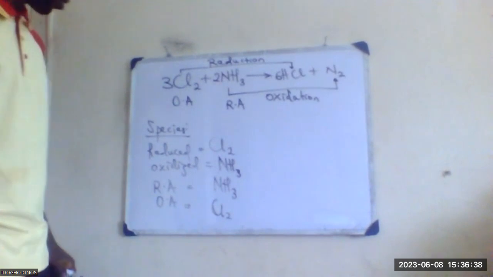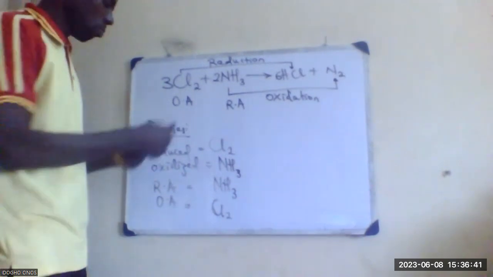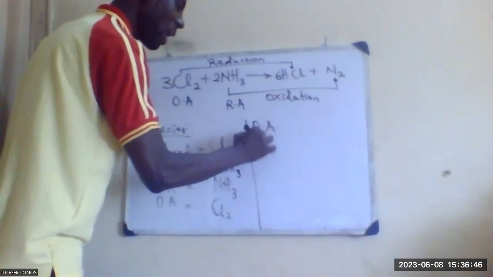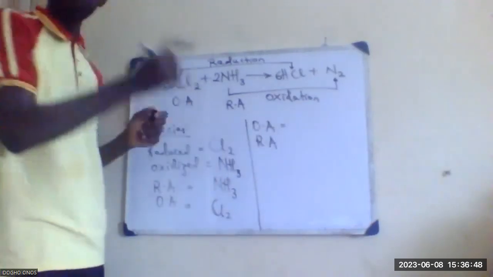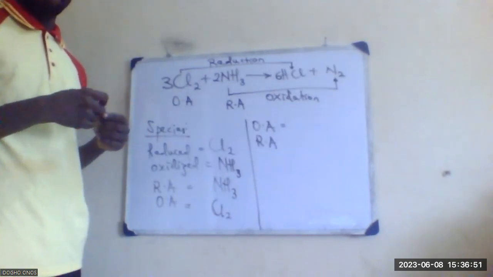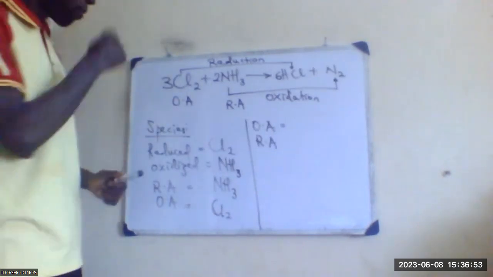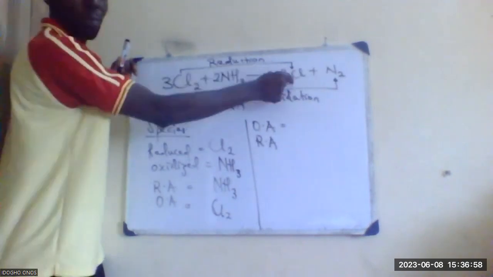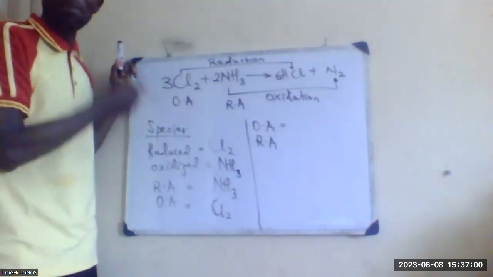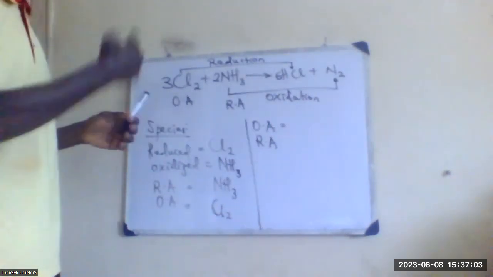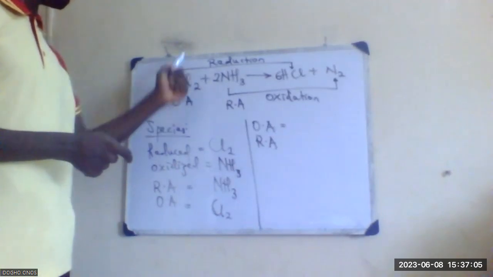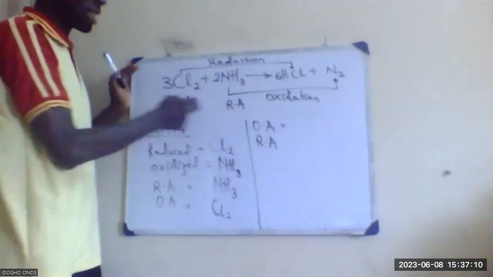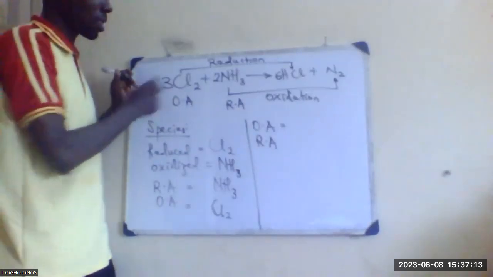Now I've listed the species out. Let's define oxidizing agent and reducing agent in terms of hydrogen transfer. Oxidizing agents are chemical species which accept hydrogen and in the process get reduced.